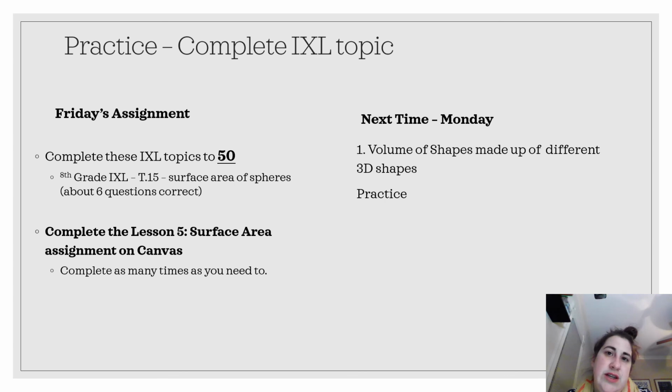And I've kind of switched it up a little bit. I know that I said that today we were going to practice some volume and surface area questions, but I didn't want to overload you guys on surface area on Wednesday, and so I put it today. And then on Monday, instead of doing a quiz, we're just going to do some volume of shapes made up of different 3D shapes. So they're called compound shapes.